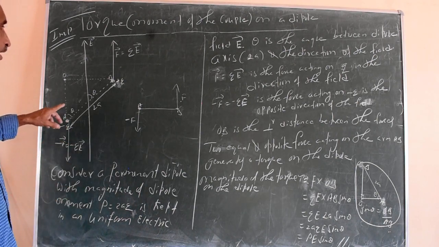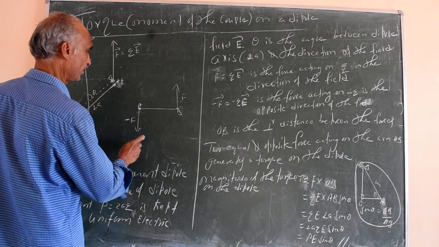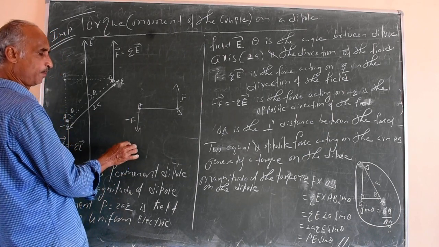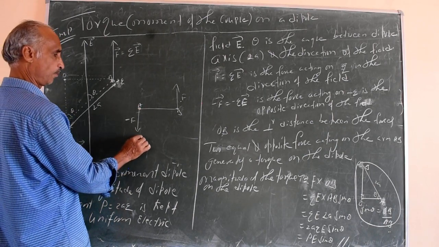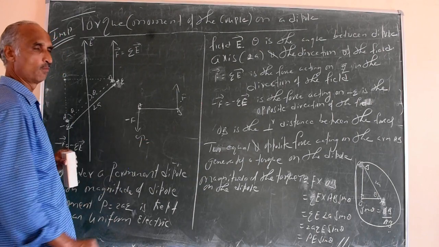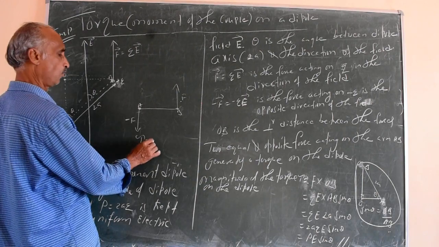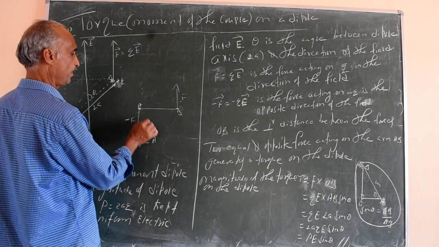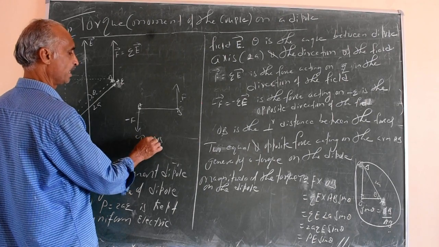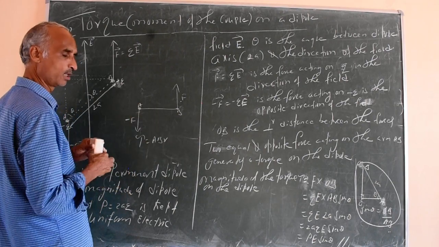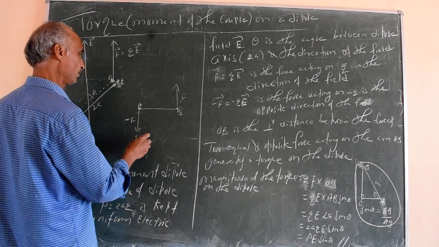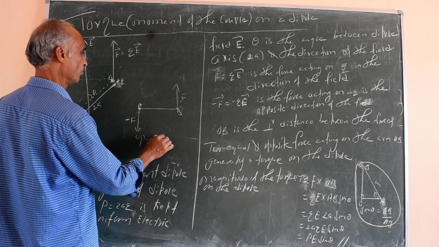So we know what the torque, the moment of the couple, is. The moment of a couple, or torque, is denoted by tau. It equals the perpendicular distance between the two forces into the magnitude of the force, F into AB.